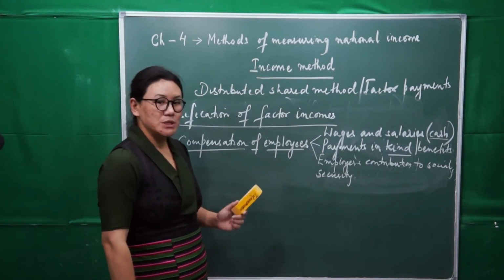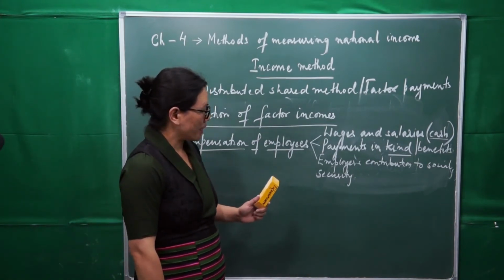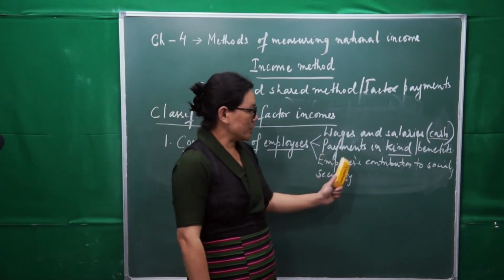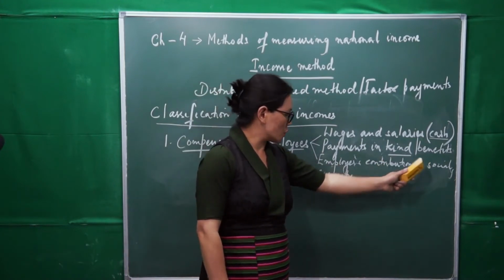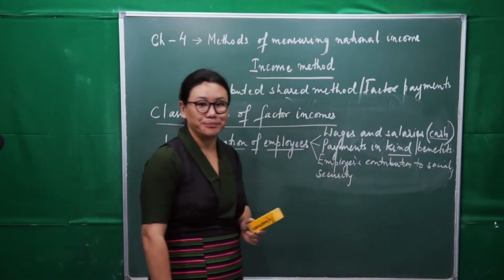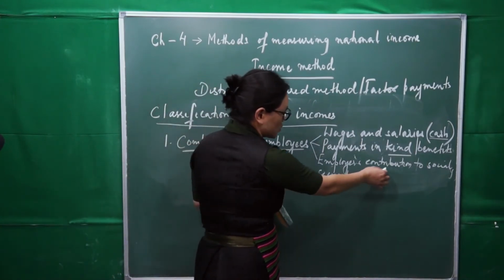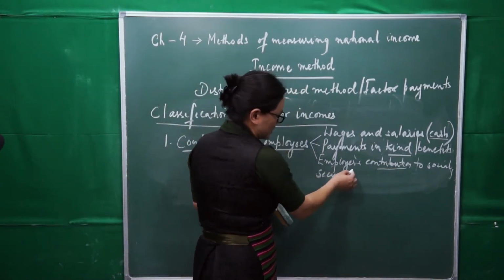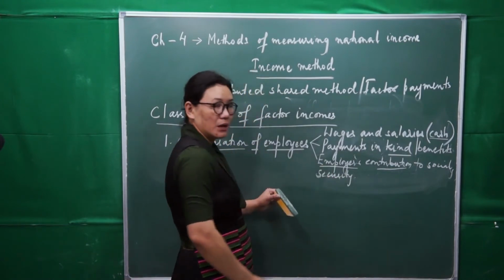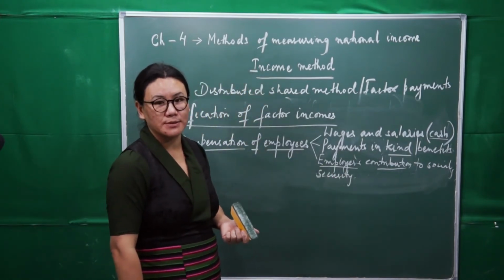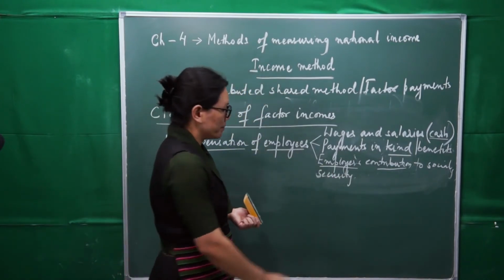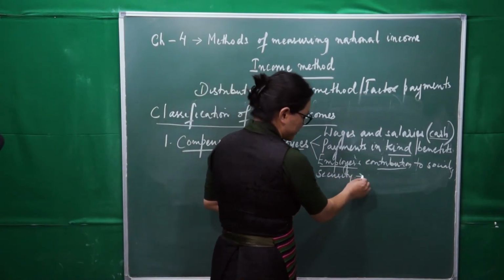So, under compensation of employees, employers' contribution to social security. Now, what is this? Whose contribution? It is mentioned here, employers. Okay. Now, this is what?